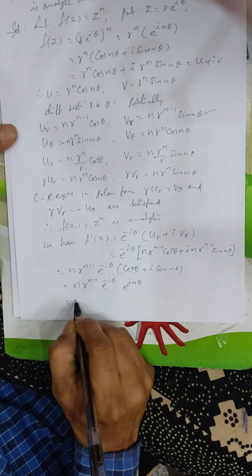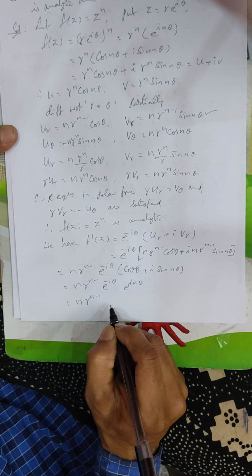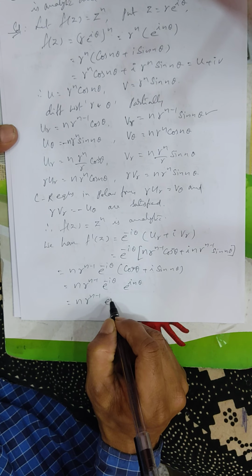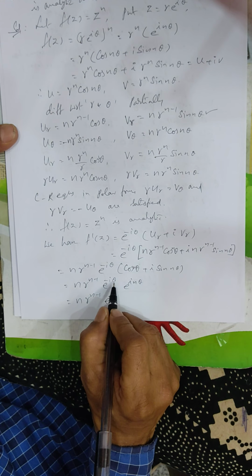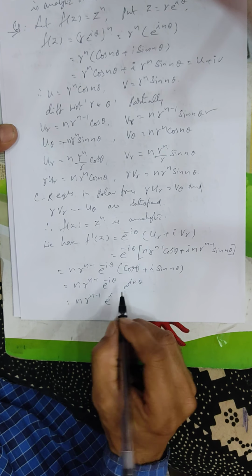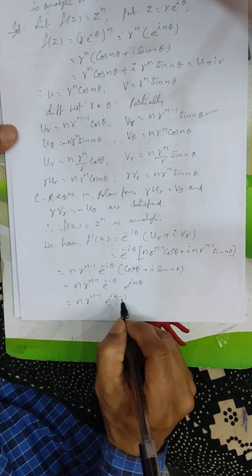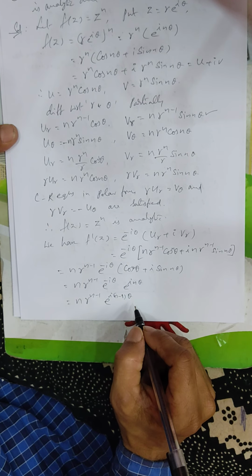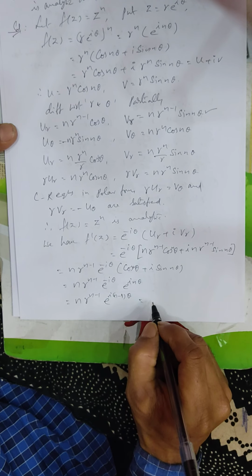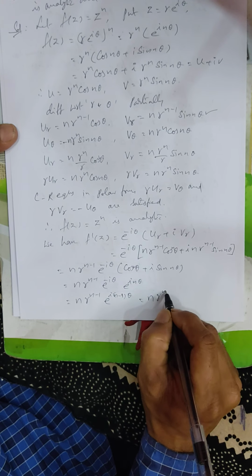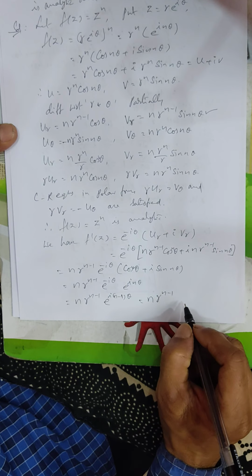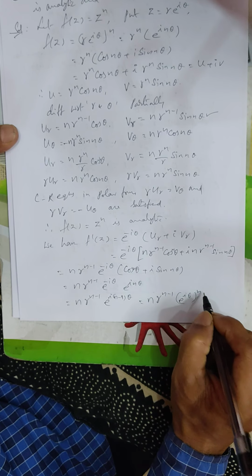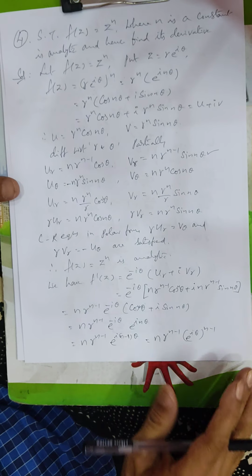That is equal to n into r power n minus 1 into e power i into theta minus theta plus n theta, which can be written as n minus 1 into theta, e power i into n minus 1 into theta. That is equal to n into r power n minus 1 into e power i theta whole power n minus 1.